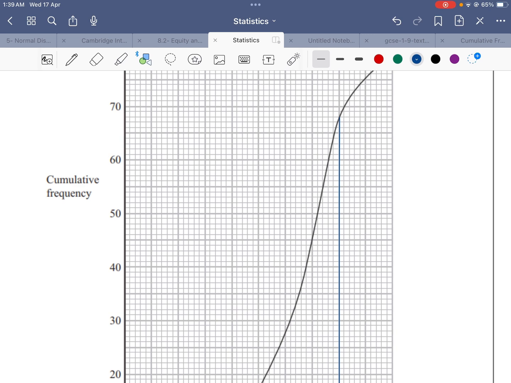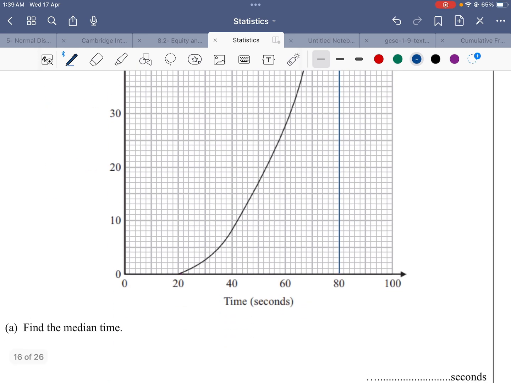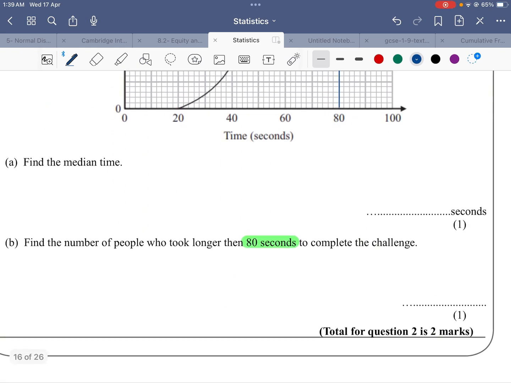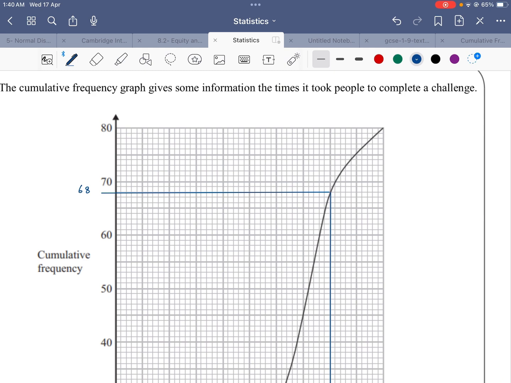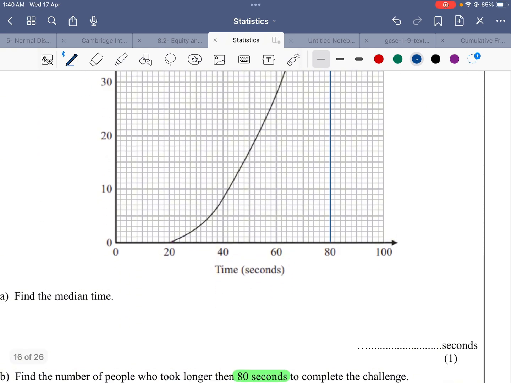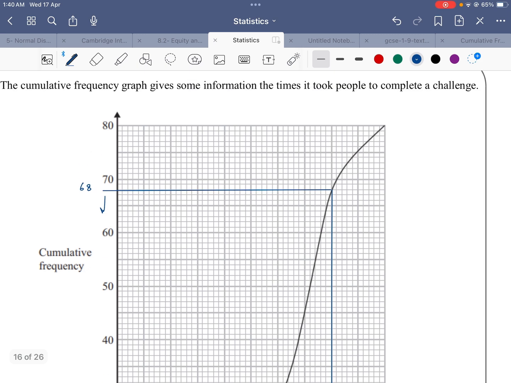Wherever it touches the curve, from there we drop a line to the y-axis and see where it coincides, here, on 68. 68 people is the number of people who took 80 seconds, but they are asking how many people took longer than 80 seconds. 68 people took up to 80 seconds, people less than 68 took less than 80 seconds, and people more than 68 till the total frequency took longer than 80 seconds, which is 12 people.